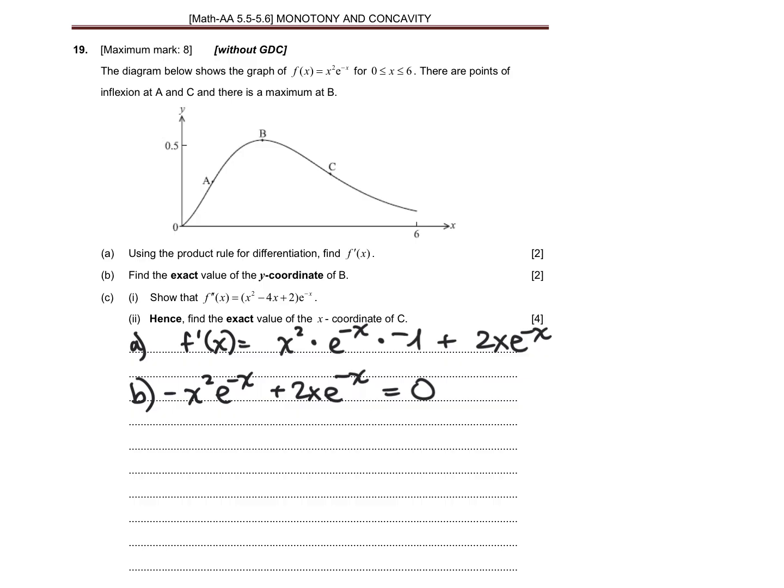So we can factor out e to the negative x. We can factor out an x, and we're going to have a negative x here to get the negative x squared e to the negative x, and here we have plus 2. So this bit is never going to be 0.